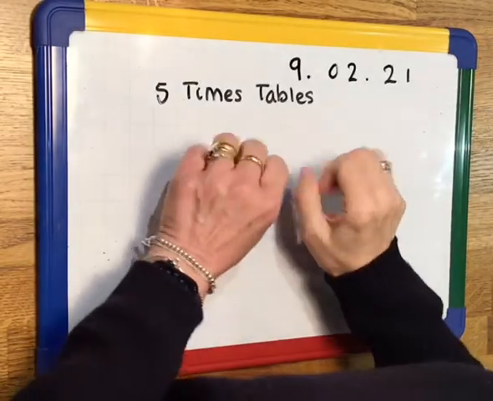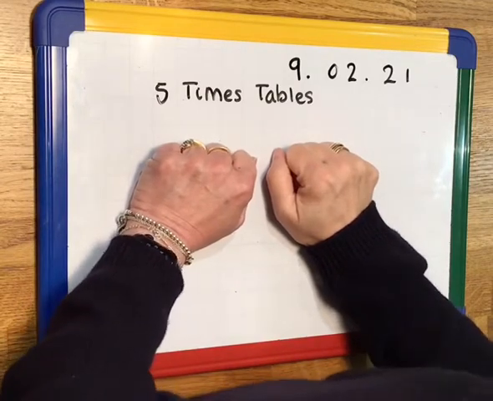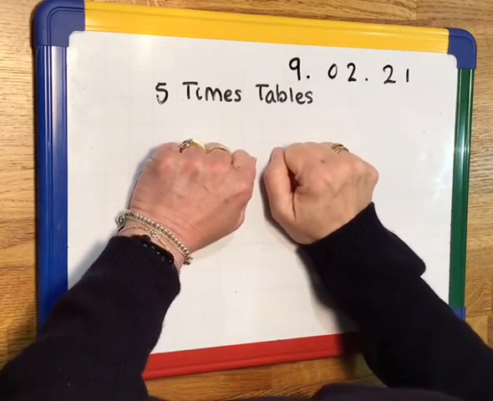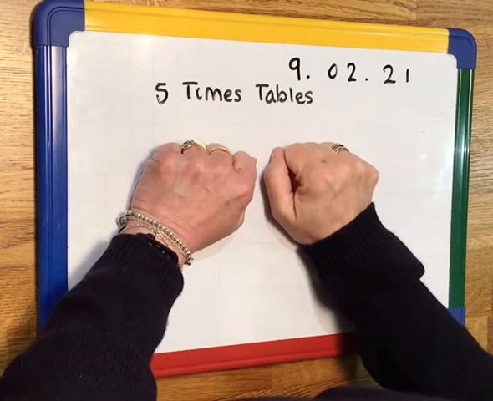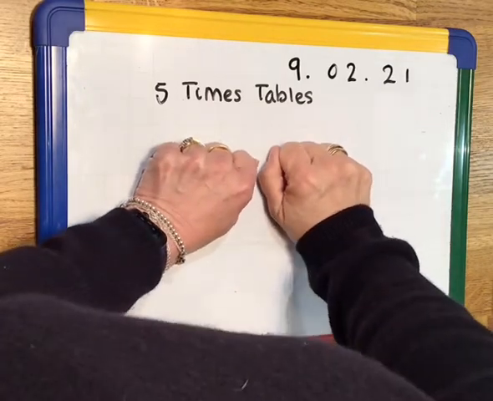So now let's see how we turn our counting in fives into our times tables. Do you remember what we did yesterday, children? We said that each finger when we were counting was one of our lots of.